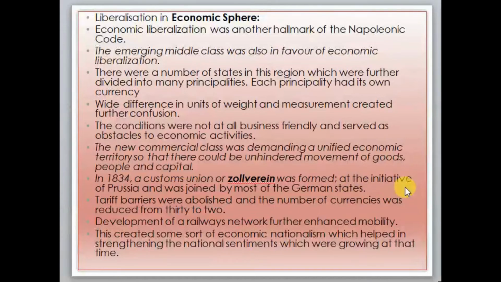At the initiative of Persia, a custom union, Zollverein, was formed in 1834, and most of the German states joined it. This union abolished tariff barriers and reduced the number of currencies from over 30 to 2.